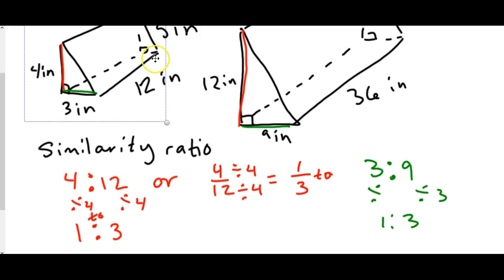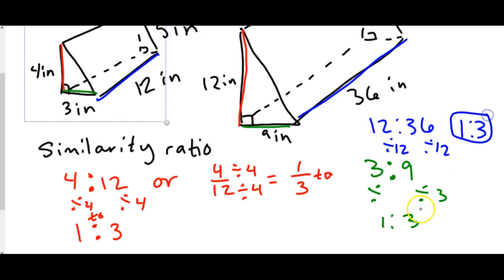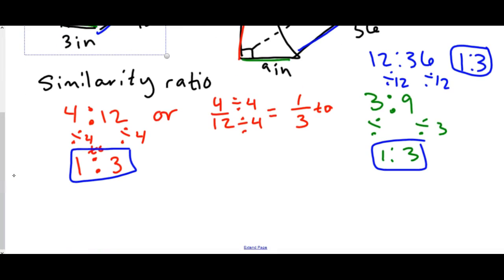Or if we were to do this length, 12 to 36, both divide by 12, and again it becomes 1 to 3. So every similarity ratio matches up. If we did the last one, 5 to 15, it would also match. So these two shapes are definitely similar.